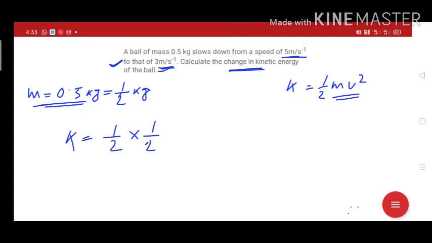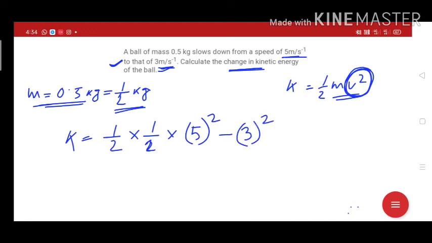So half is over here, mass is also half kg, so we write half over here, and there is the change of velocity, that is 5 meter per second to 3 meter per second. So here the formula is v square, so be very careful. So we will write 5 square, because v is in square, minus 3 square. So don't write it like this, (5 minus 3) square, it is wrong.